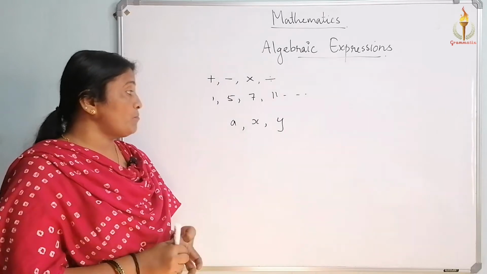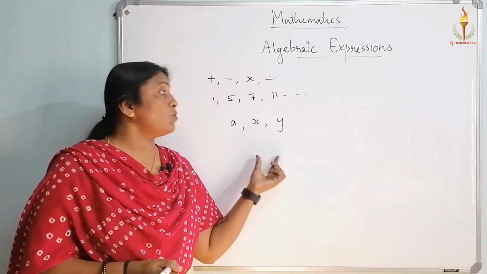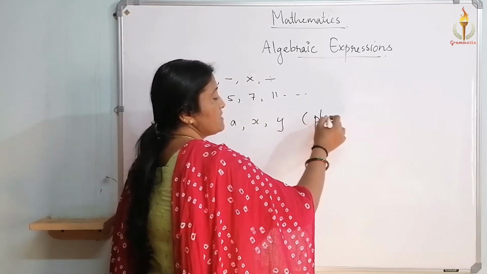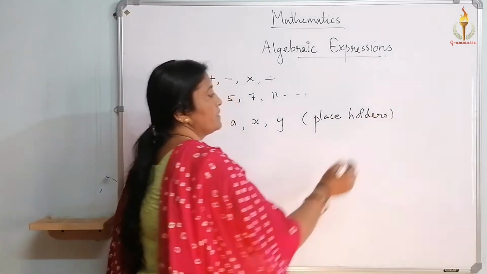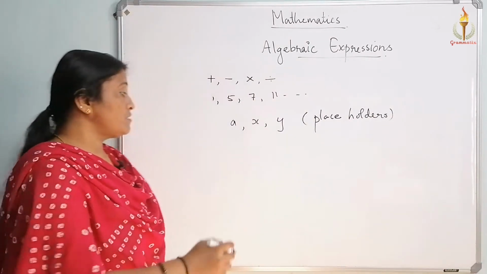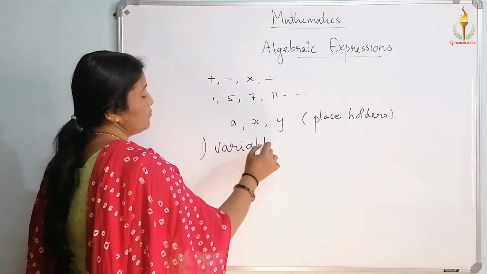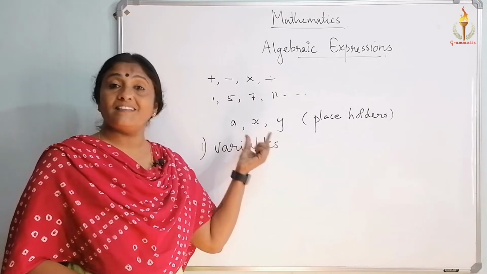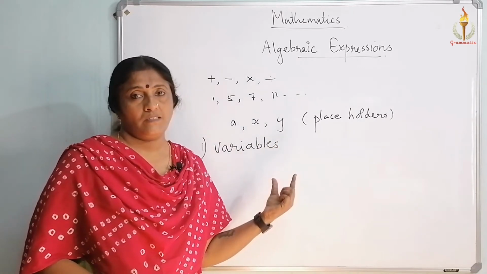Such letters that we use as placeholders for the numerals, that means used instead of a numeral, are called variables. That is the first term you will be studying here, and a very important word it is, variables. So what are variables? Variables are the letters that we use in the place of a numeral.